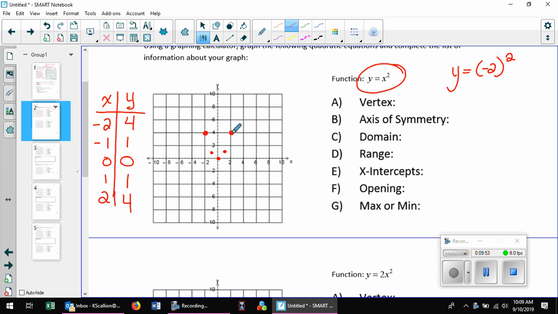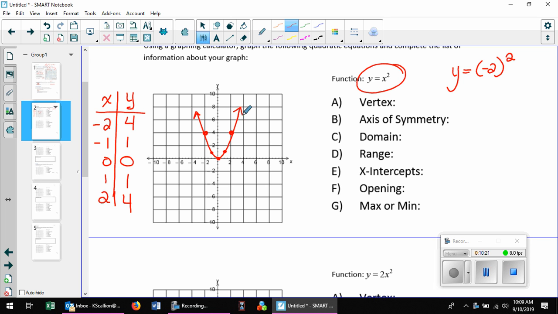It should not look like a V. Do not make it a V, because then you've done an absolute value graph, which is a different graph. So it should be a nice smooth curve. All right. Are we smarter? I think we're smarter than when we walked in.